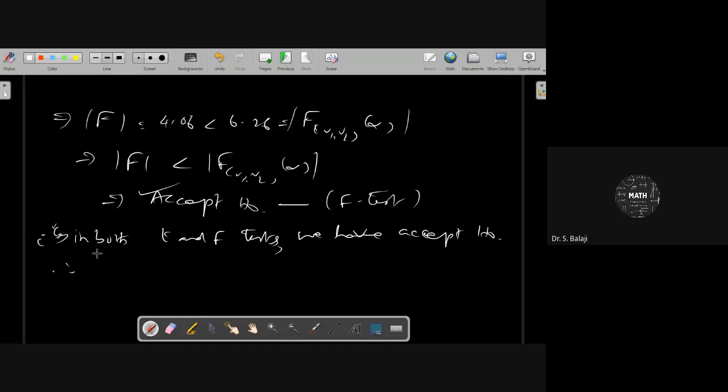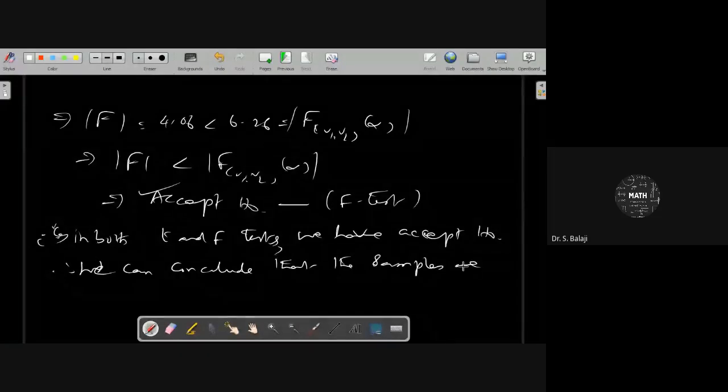Therefore, we can conclude that both samples are taken from the same normal population.